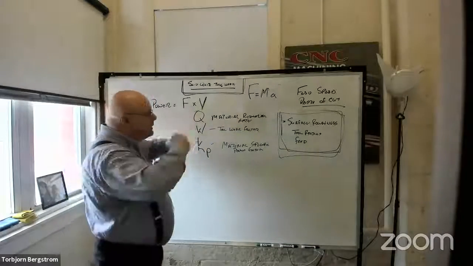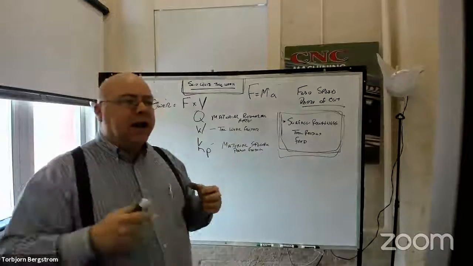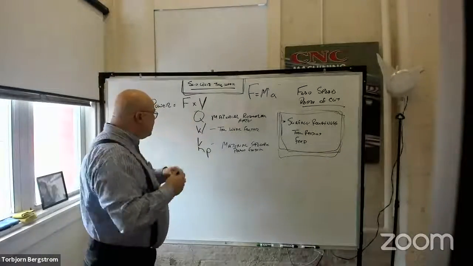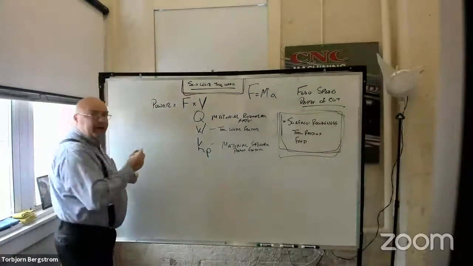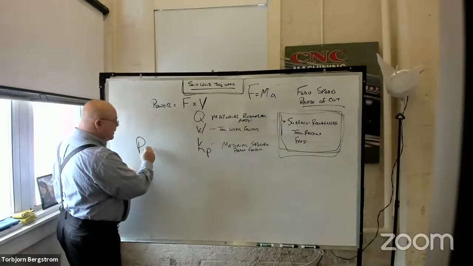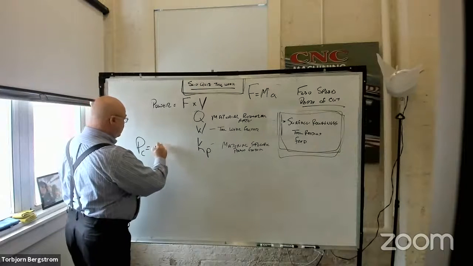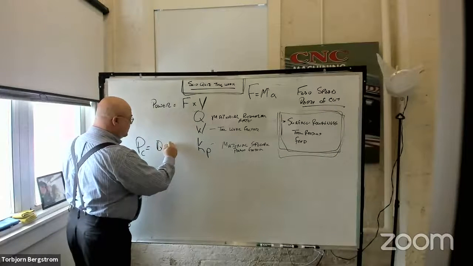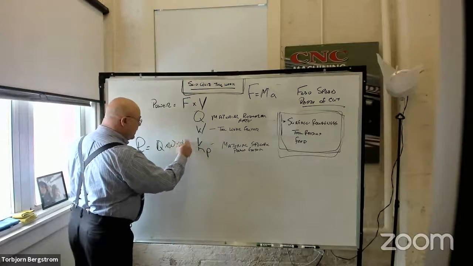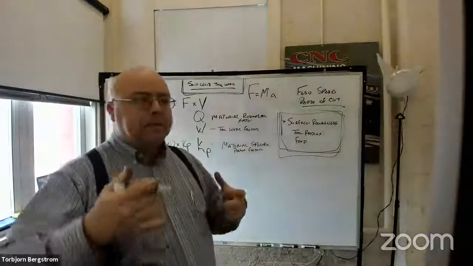And then they did a full matrix of these different experiments, and they figured out that their model said that the power of cutting equals Q times W times KP. So the initial model says this.